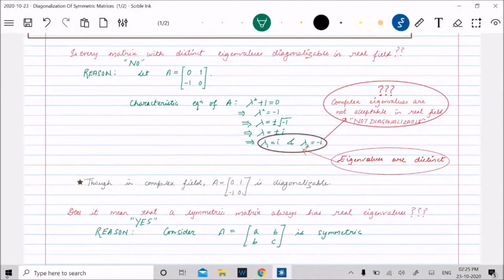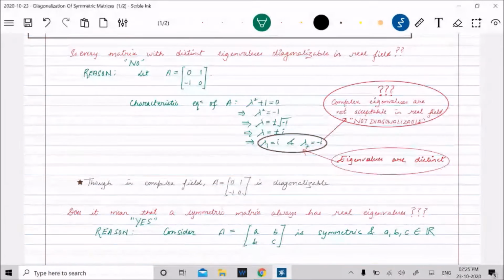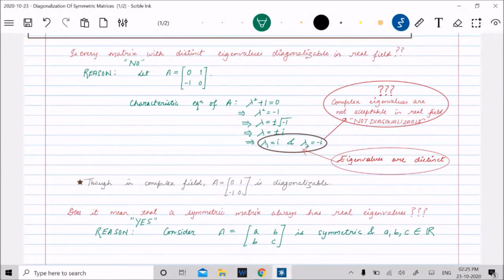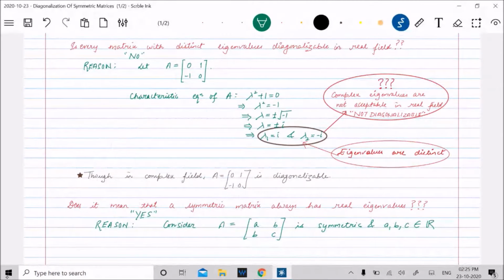And these A, B, C are real numbers. A, B, C belong to the real numbers. Since you are dwelling inside the real field, complex numbers are not allowed at the moment. Okay. Now just try to write the characteristic equation of this matrix.